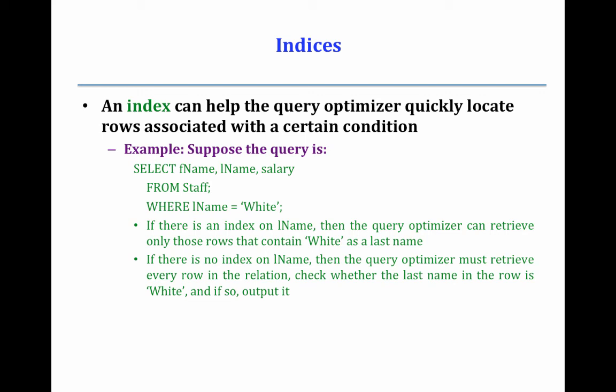And there are, in effect, two things you can do to organize a relation. The first is that typically you can choose one field or sometimes multiple fields on which to physically sort the relation. So for example, you might sort the relation by last name or by social security number.